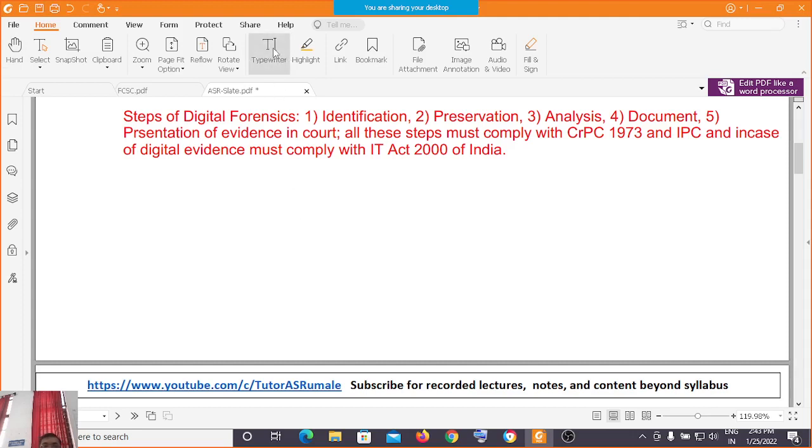The first category of cybercrime is cybercrime based on human nature, or you can say exploiting human nature.